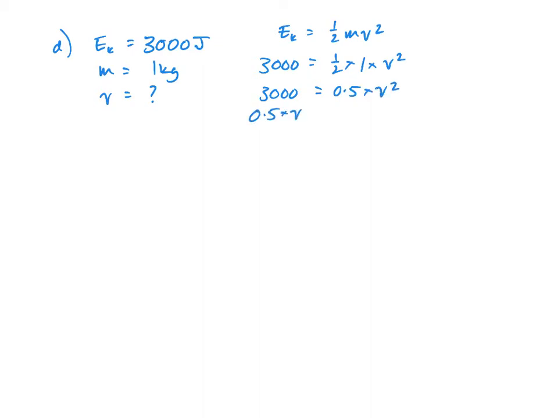Rearrange onto the left hand side, so I'm just swapping sides there, nothing fancy. Get v squared on its own, so do the opposite of what is with v squared just now, so it's times 0.5, so divide by 0.5. And we get v squared equals 6,000 again. So v is the square root of 6,000, and we get the exact same answer again.